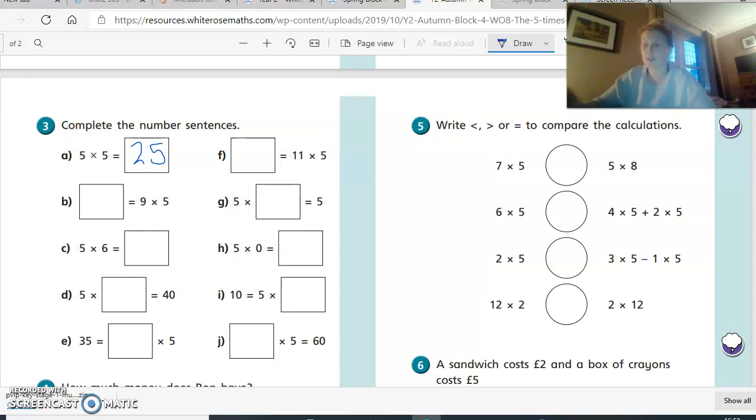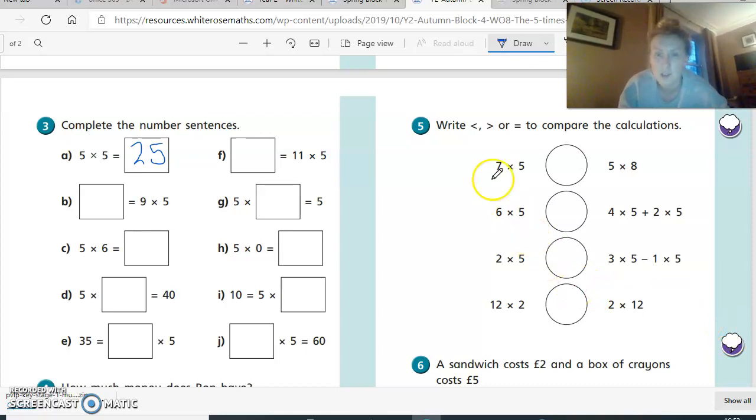So let's have a look at 7 times 5. So I'm going to use my fingers to help me with that. 5, 10, 15, 20, 25, 30, 35, because I've gone 7 times. So I'm going to write 7 times 5 is 35, isn't it?